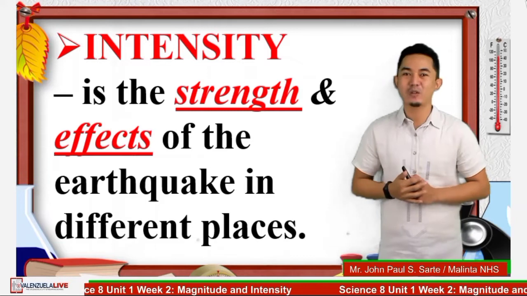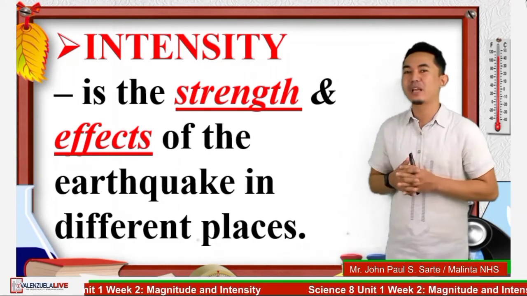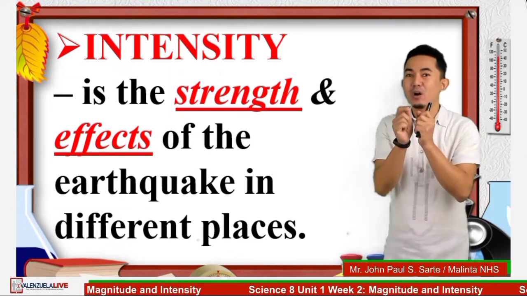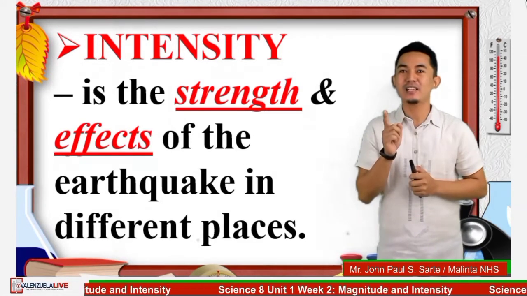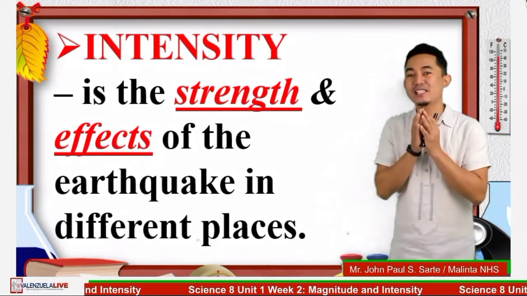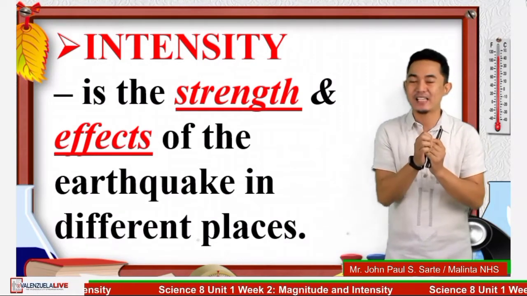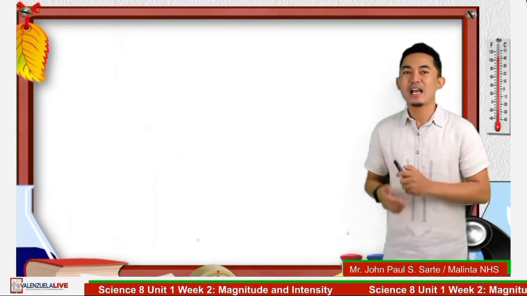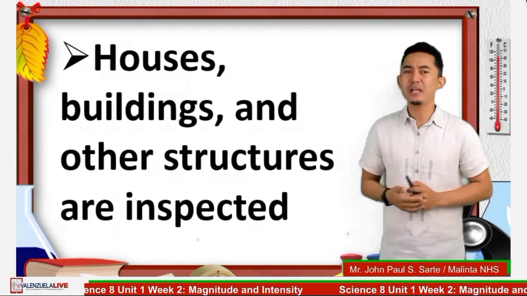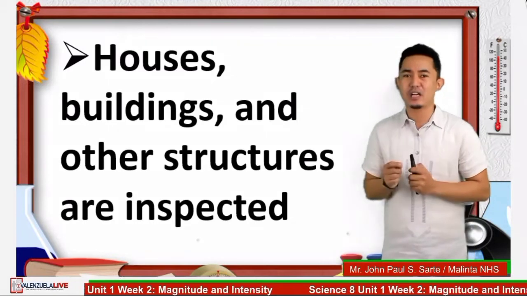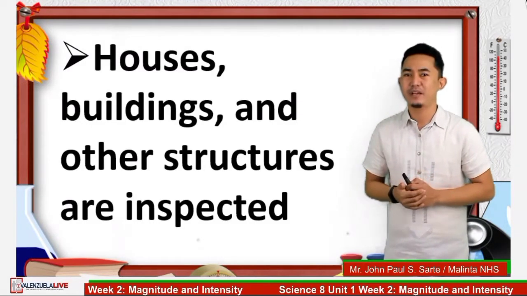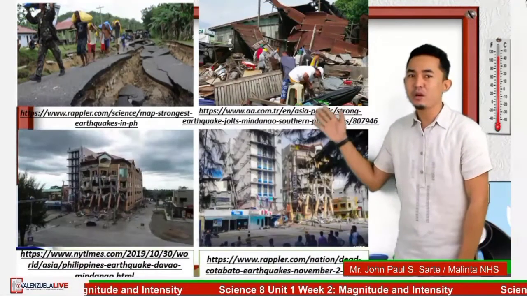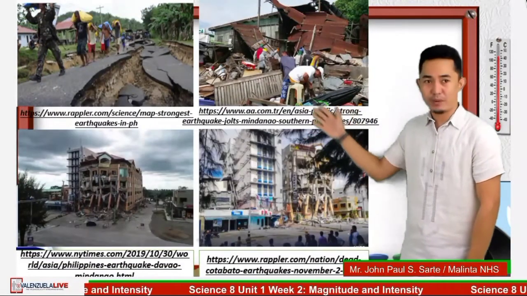Here, if magnitude has something to do with the power and energy released of an earthquake, intensity has something to do with the strength and effects of an earthquake in different places, such as houses, buildings, and other structures that are inspected. These are sample pictures taken after an earthquake.